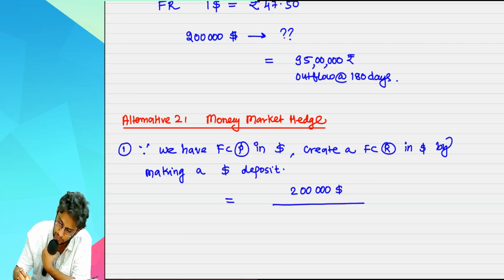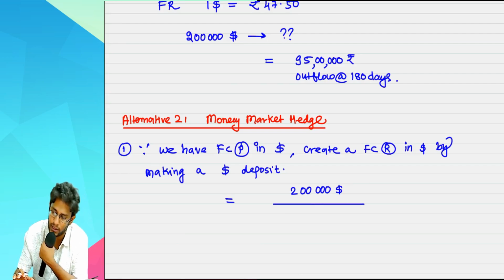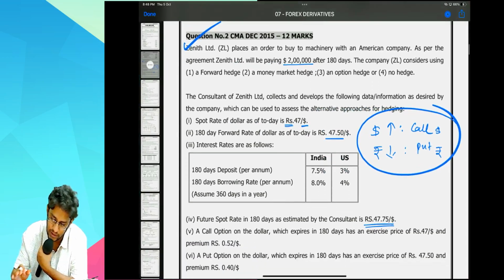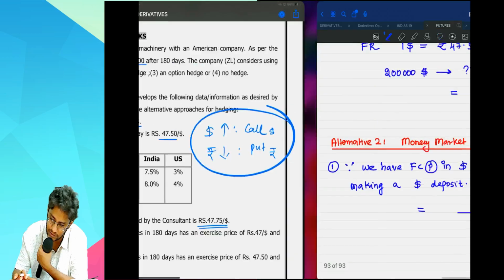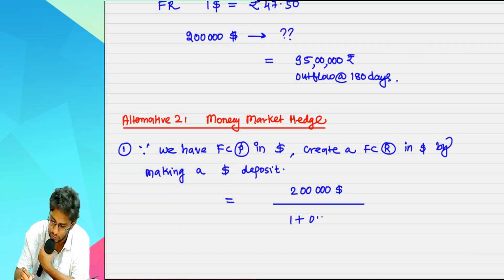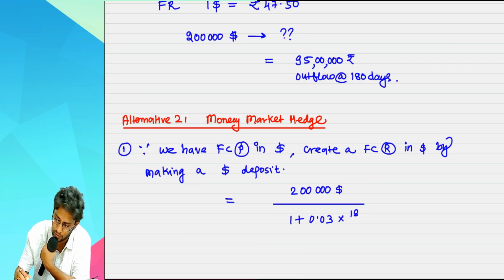The deposit you are making for 180 days and you are making in USA. So the USA deposit rate you pick up, 3% per annum. So 1 plus 0.03, but 6 months deposit only, so into 6 by 12, or you can do 180 by 360.